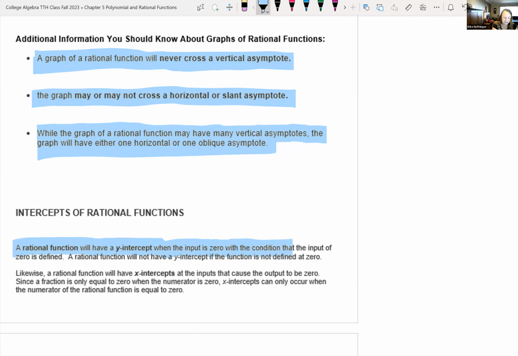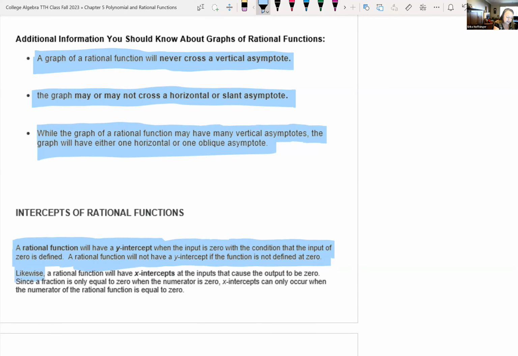But we have to have the condition that the input of 0, x equals 0, has to be defined. It couldn't be that number that is a vertical asymptote or a removable discontinuity. So again, a rational function will not have a y-intercept if the function is not defined at 0.